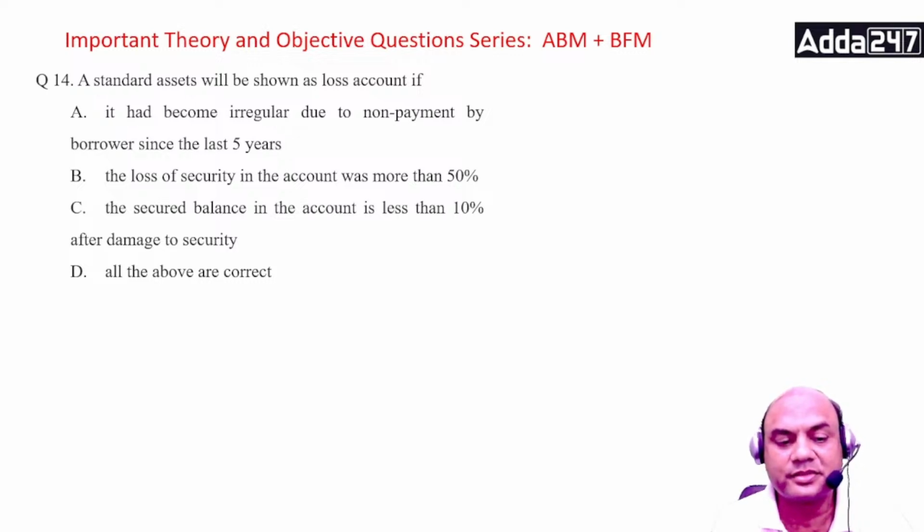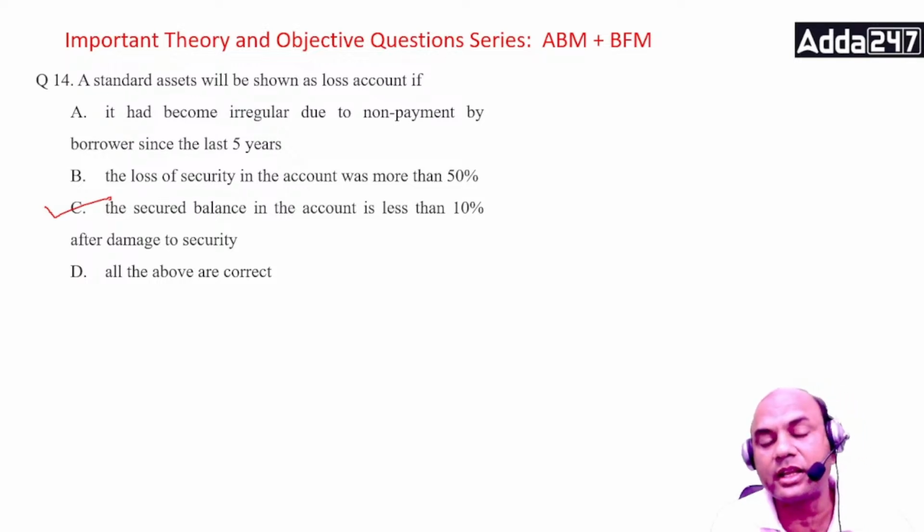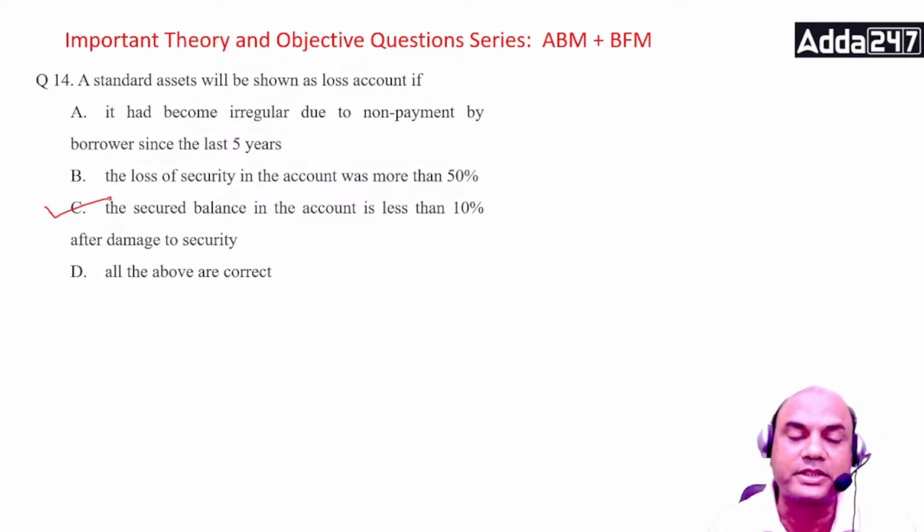The answer is C. The secured balance in the account is less than 10% after the damage of the security. This is the main criteria. The secured balance means basically the security against which the loan is given.